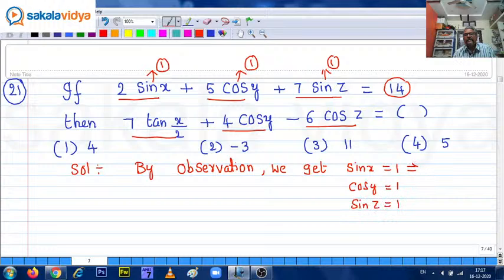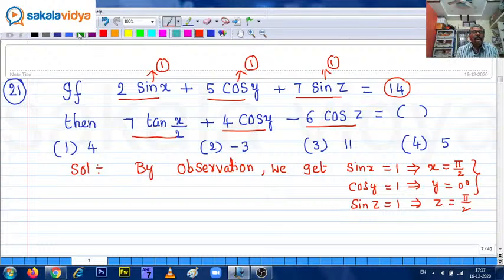That implies x must be 90 degrees, pi by 2, y must be 0 degrees, z must be pi by 2. Substitute these values in this expression and you will get the answer.